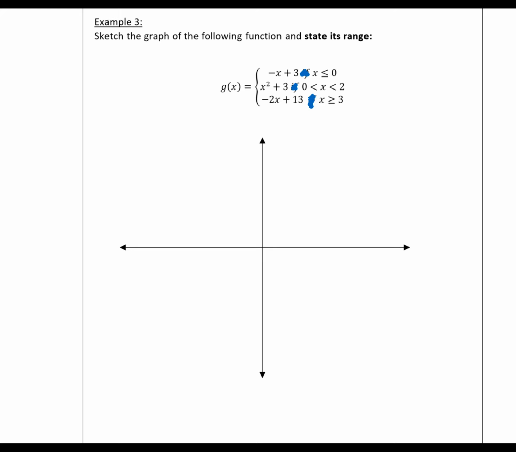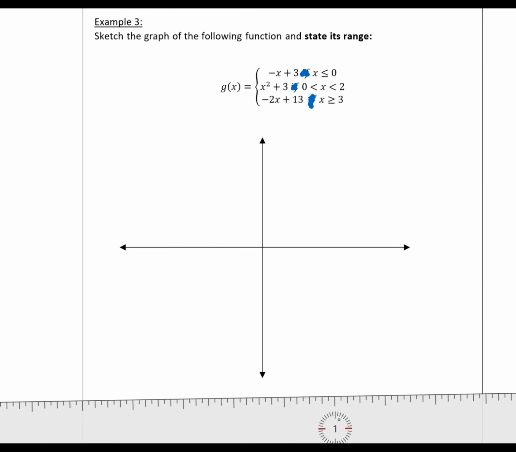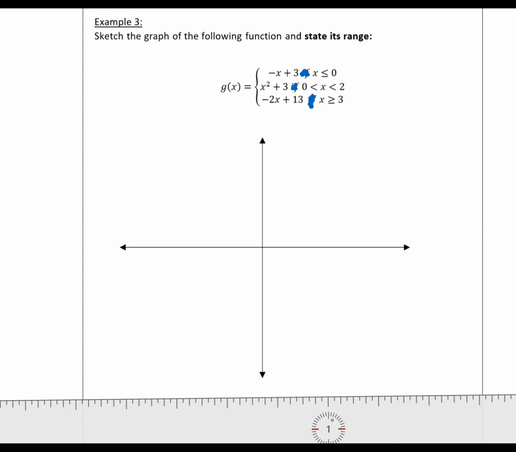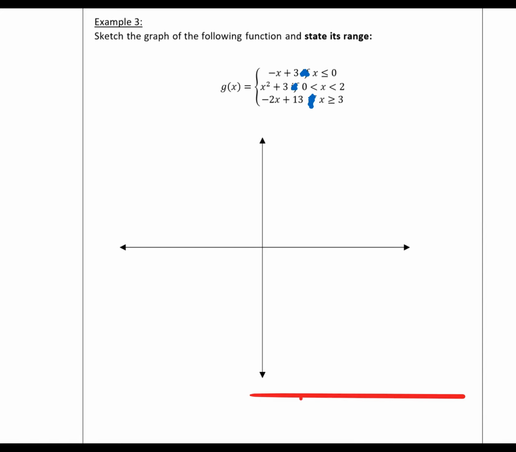Okay, first thing that we're going to do is just imagine this domain. So we'll get our ruler out, we'll imagine a number line. I can see the critical numbers here are 0, 2 and 3. So if I think I've got my number line here, I might go 0, 1, 2, 3, 4. Maybe put in a -1 there.